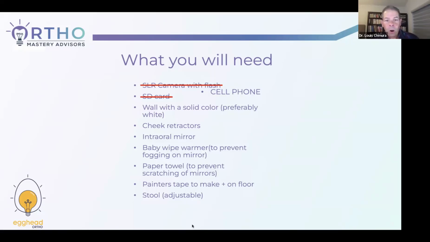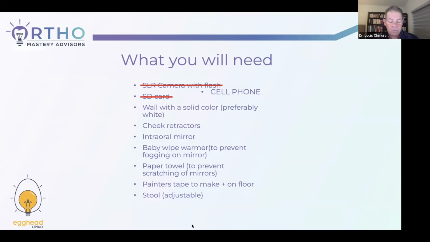You want to have a wall with a solid color. It doesn't have to be white, but the closer to white you get, the better, because when you go to print it, it takes a lot more ink to use a blue wall, for example, or a blue background than a white background. You're going to need to have cheek retractors.